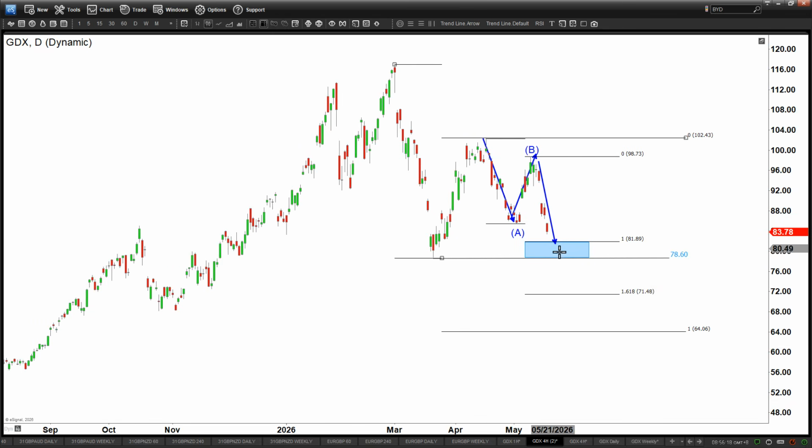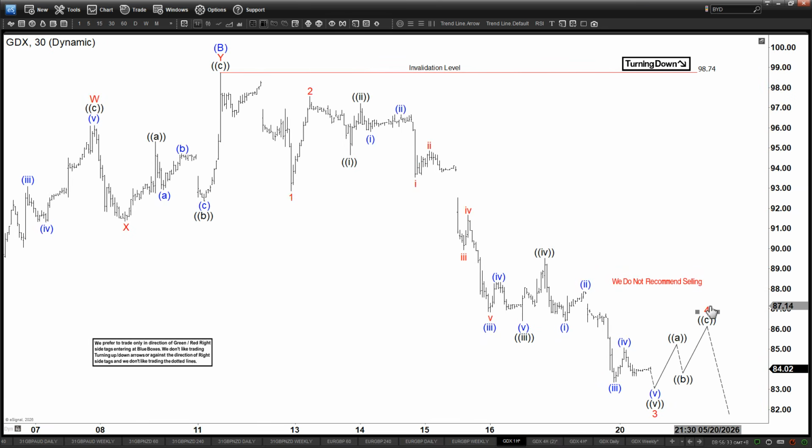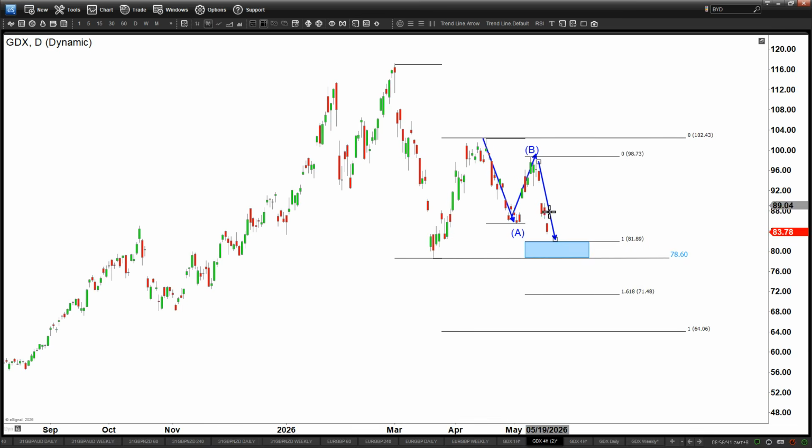This can become like a 5 waves down from here instead of ABC 1, 2, 3, right? So again, if you are not thinking of that kind of move, then for the shorter cycle, I don't think it's a good idea just because you want to trade every single day, every single swing, to keep chasing it on the downside, since we're getting very close to some sort of potential support here between 82 and 78.6.